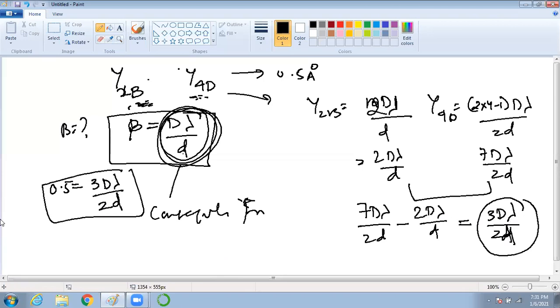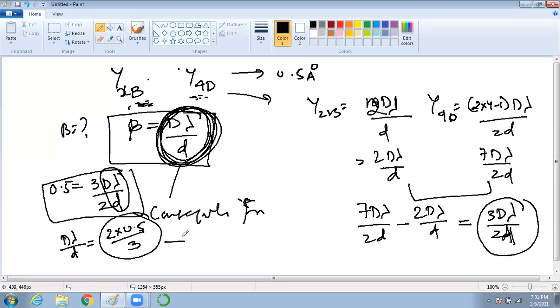Clear? And what is fringe width? Fringe width is d lambda by d. From here we found out d lambda by d. So your d lambda by d will become 2 into 0.5 divided by 3. This will be your fringe width.